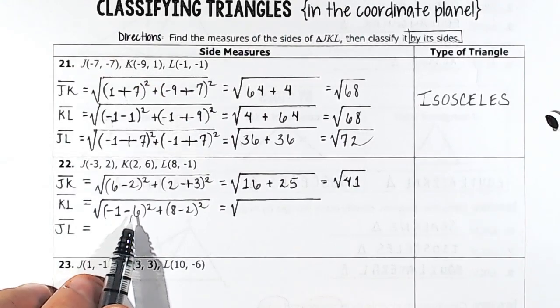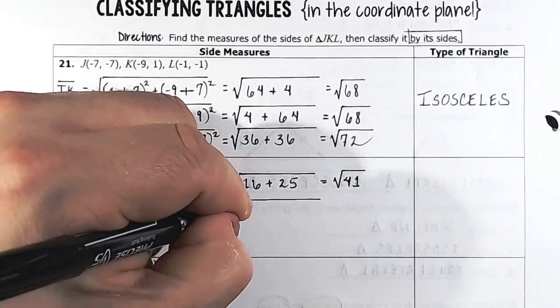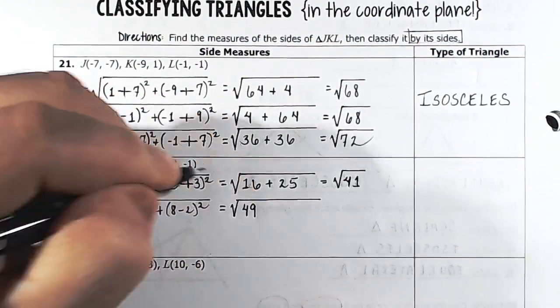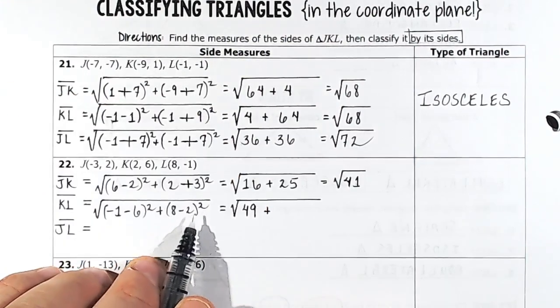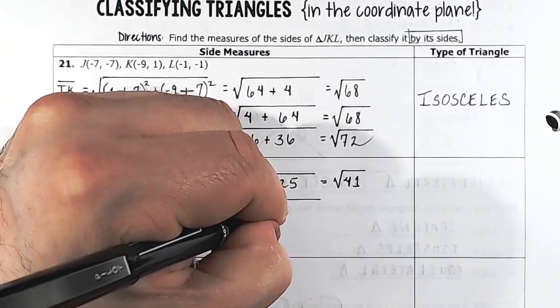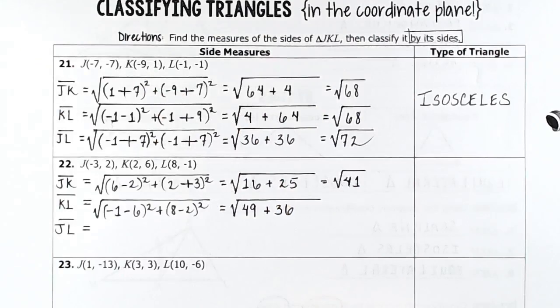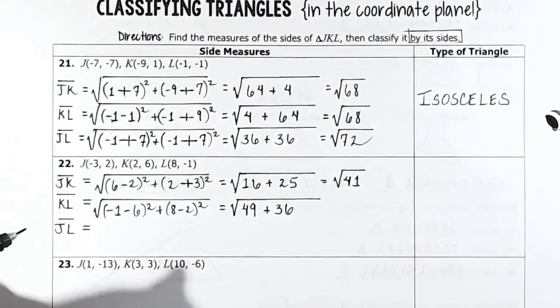-1 minus 6 is -7, and -7 squared is +49, plus 8 minus 2 is 6, and 6 squared is +36. Okay, so now we have to add 49 and 36.